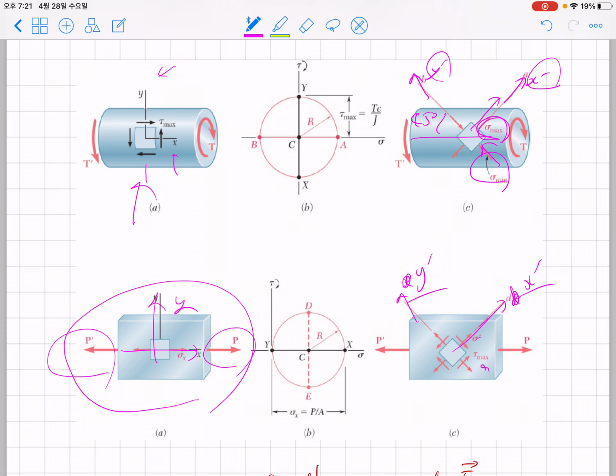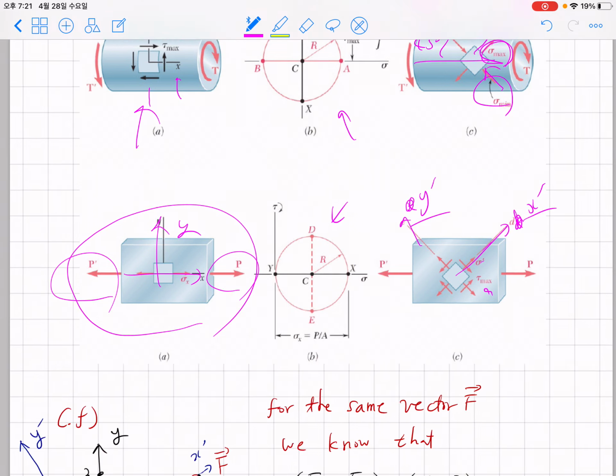However, it's not easy to memorize the analytical equation, so we use a special graphical technique to memorize it, and it is called the Mohr circle. We're gonna use a Mohr circle to memorize the tensor transformation equation. Today we will learn how to derive a Mohr circle and how to use it to find the stress and strain transformation.